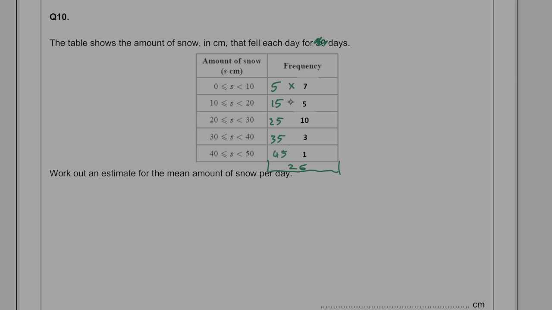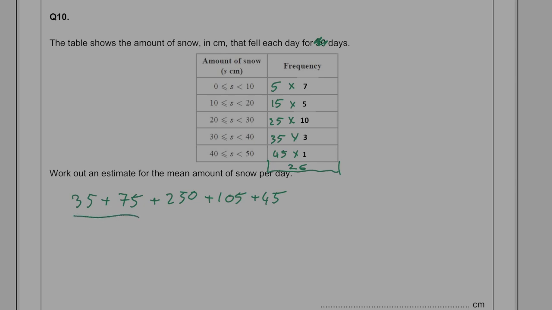So if we times them together and then add them up, so 5 times by 7 is going to give us 35, plus 5 times by 15 is going to give us 75, plus 25 times by 10 is going to give us 250. 35 times by 5 is going to give us 105, and then plus 45. So we then need to add those up.